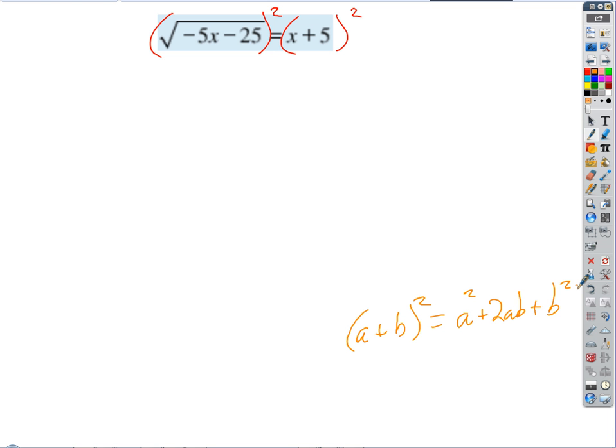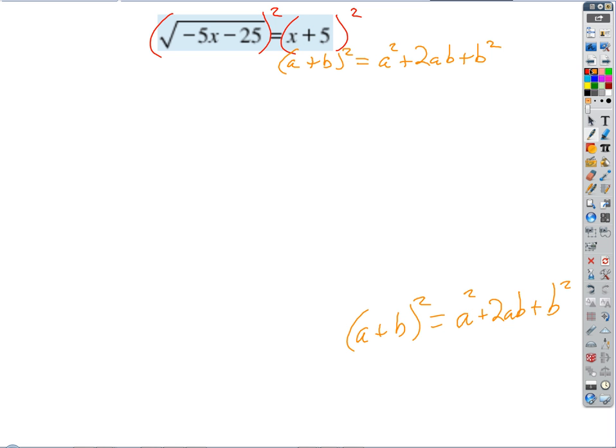If we forget it, don't worry. Then just multiply x plus 5 times x plus 5 and it's going to work. But in this case, a would be x, right? So there's our a plus b squared equals a squared plus 2ab plus b squared. So what's a squared going to be for us? x squared.